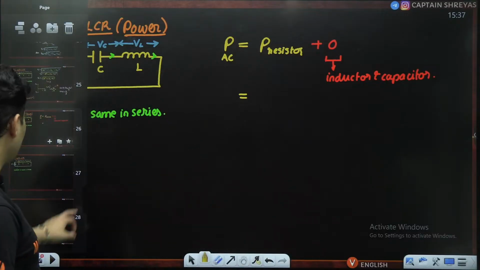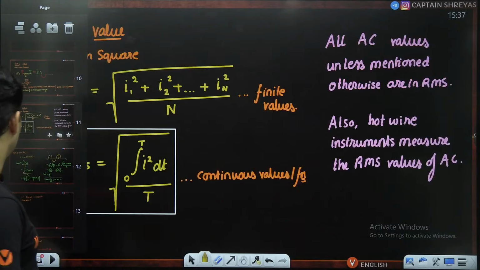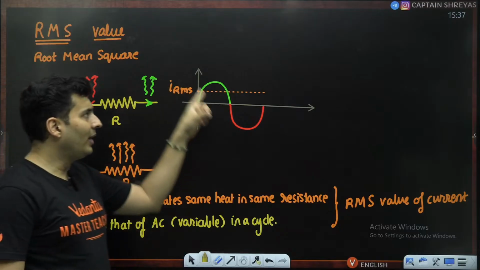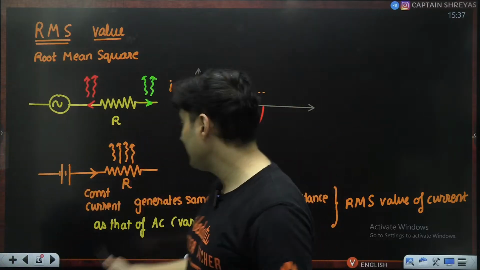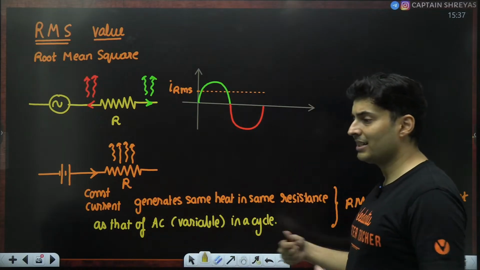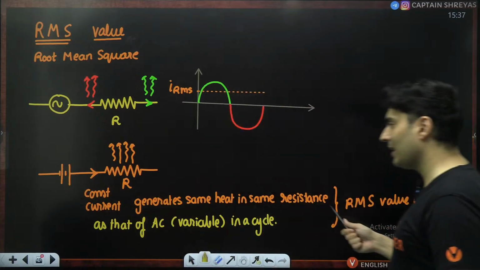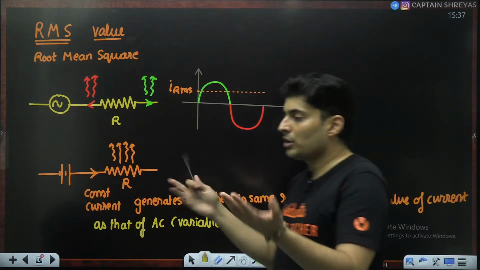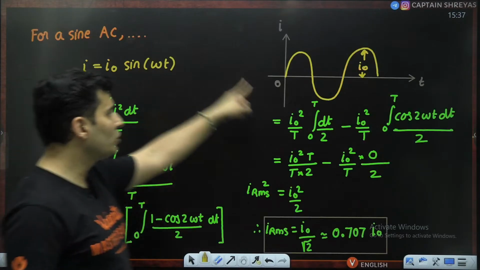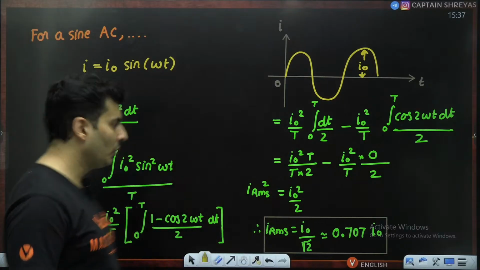Well, for that logic, I can go back a little bit. I just told you the meaning of RMS. In order to find how much heat is generated per unit time in an AC circuit, you find the constant current which will generate that heat, and your job is done. We found that for a sinusoidal voltage or current, the RMS current is I naught by root 2.